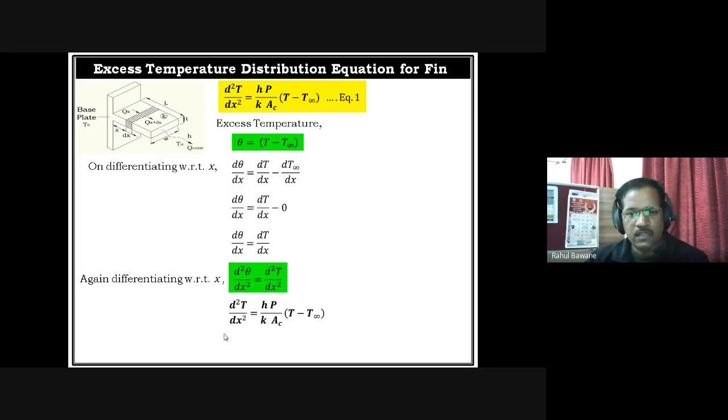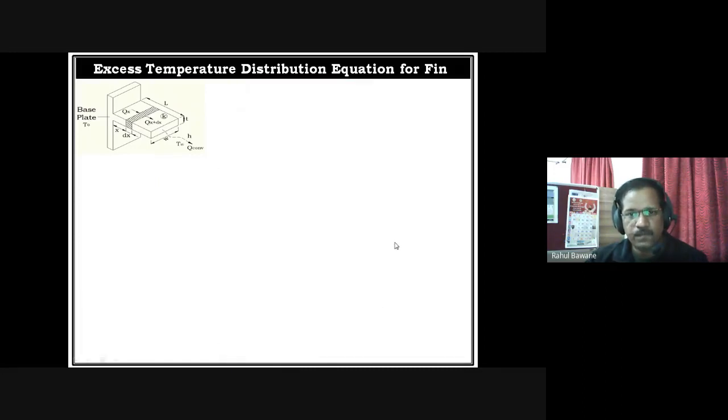Our temperature equation which we received is equation 1. If I replace these two values, our final equation will be d square theta upon dx square equals hP upon kA times theta. This is in terms of excess temperature. So this is our excess temperature equation.